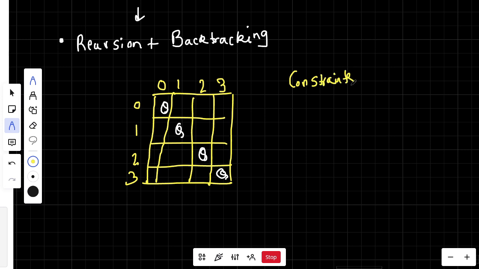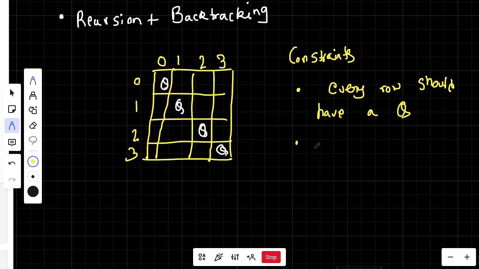The conditions I will write like this. Every row should have a queen. This is the first condition. The second condition is every column should have a queen.